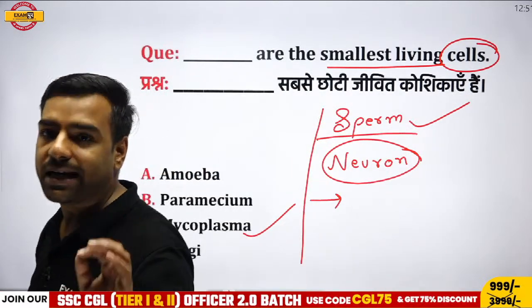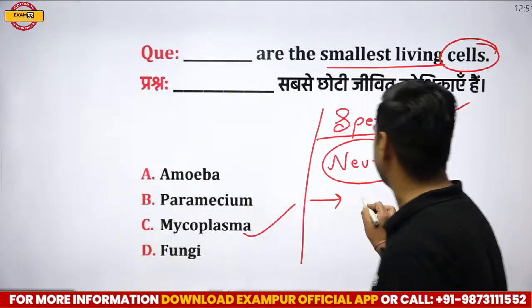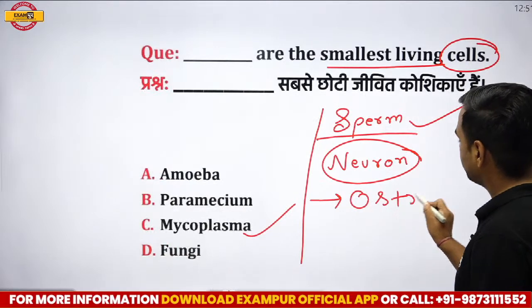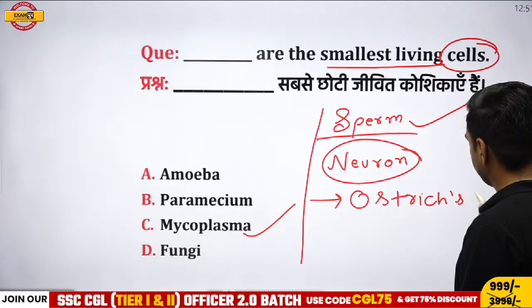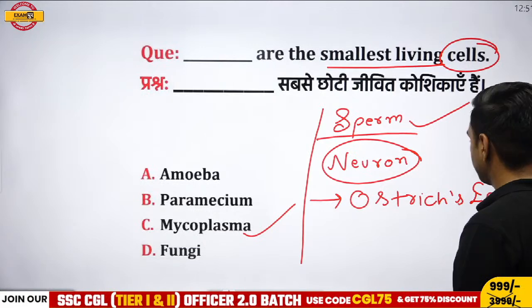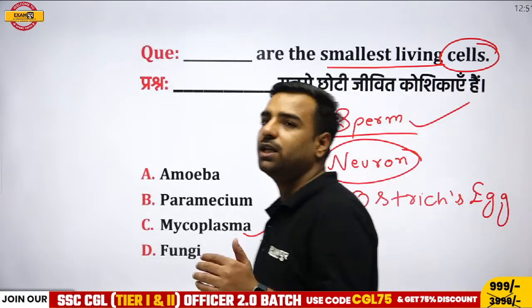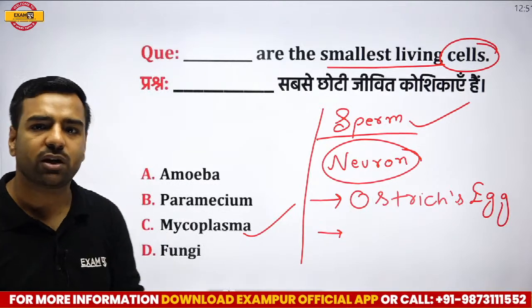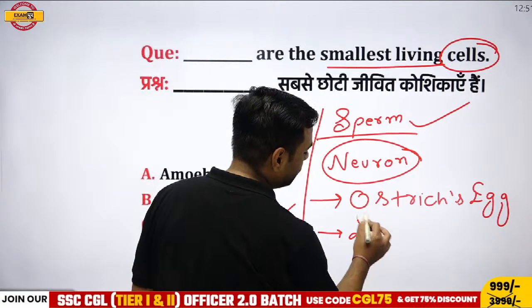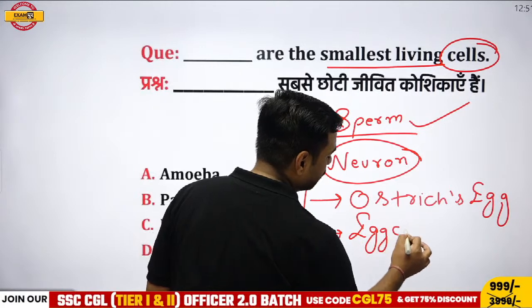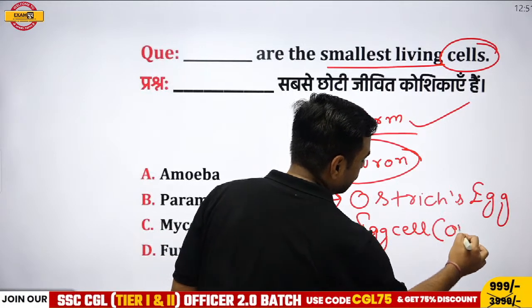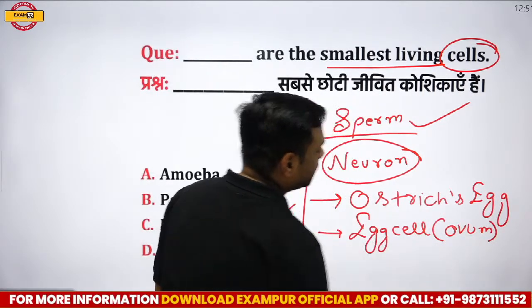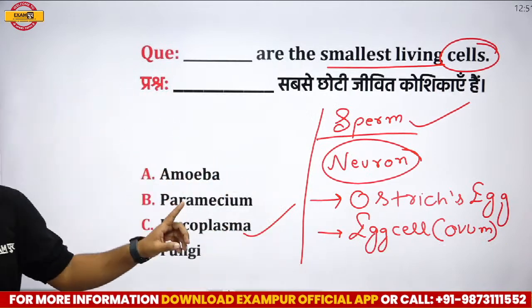The largest cell is actually the ostrich egg. Now, if someone asks which one will be the largest cell in our body, the largest cell in the human body will be the egg cell, or the ovum.